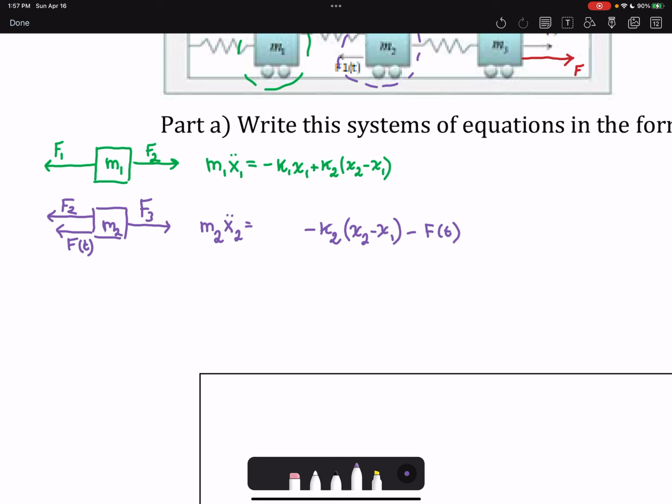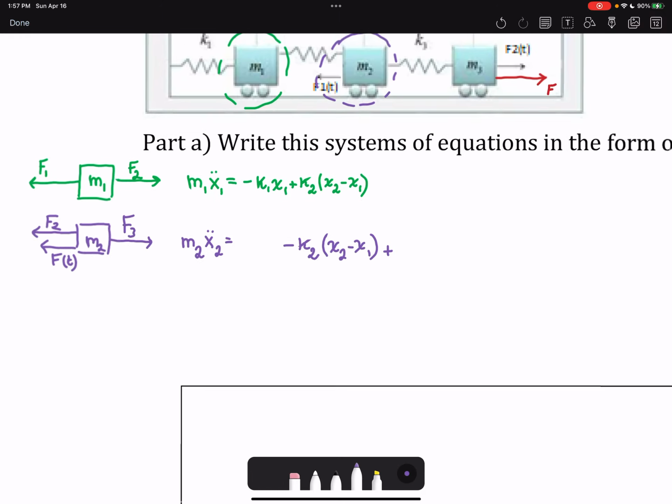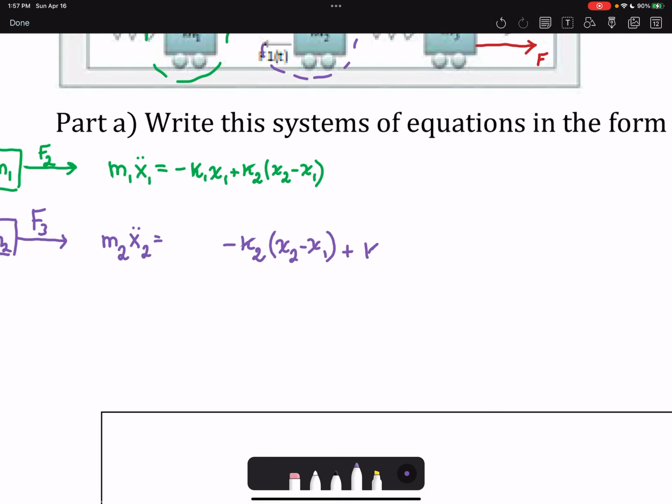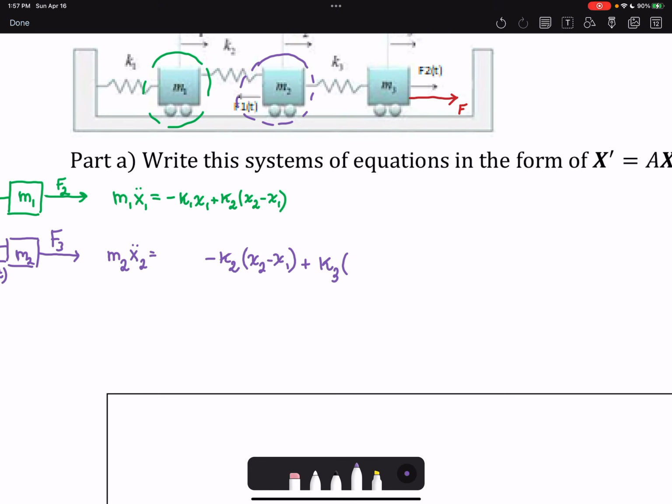And then we have that force 3, which is pulling it out. I'm going to write that one first. So here I'm going to have a positive, and that's going to be proportional to K3 times what? Well, K3 is going to be x3 minus x2 right here.